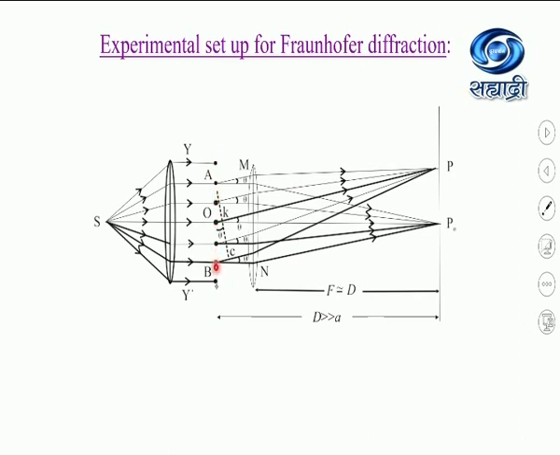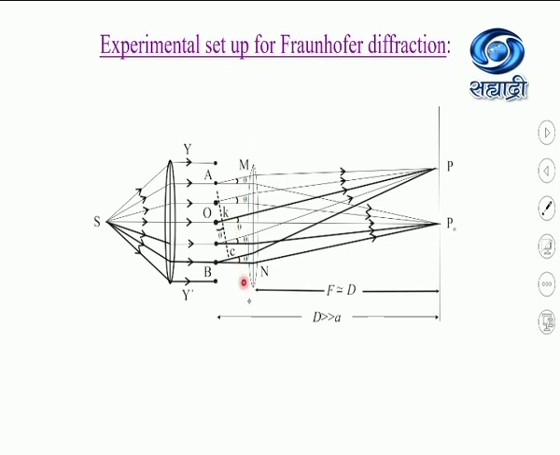Every point of slit AB, or every slit element, acts as a secondary source of light, and all the sources emit cylindrical wavelets in all directions. These cylindrical wavelets interfere with each other, which results in producing the diffraction in all directions.